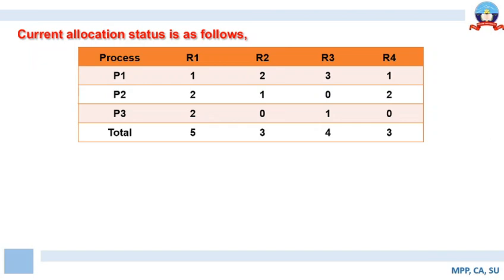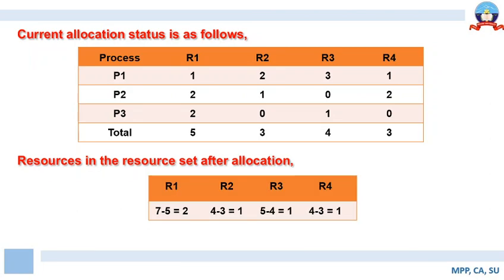Now you have the total number of instances that has already been allocated. So out of the resource set, 5, 3, 4, 3 instances of R1, R2, R3, R4 have been allocated as per the current status. So after the allocation, the resources that are available are two instances of R1, one instance of R2, one instance of R3 and one instance of R4. This is formed after determining the difference between the total number of resource instances and the current allocation status.